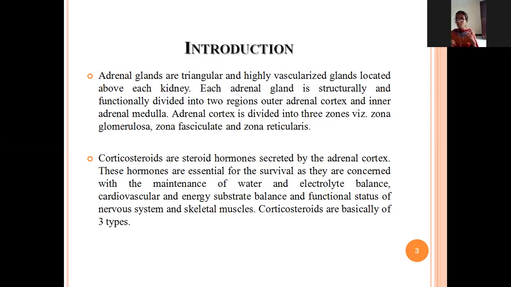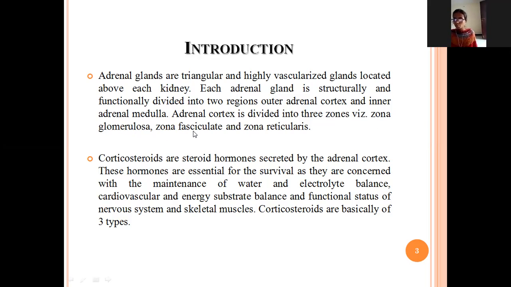Again, this adrenal cortex is divided into three zones, that is zona glomerulosa, zona fasciculata and zona reticularis.